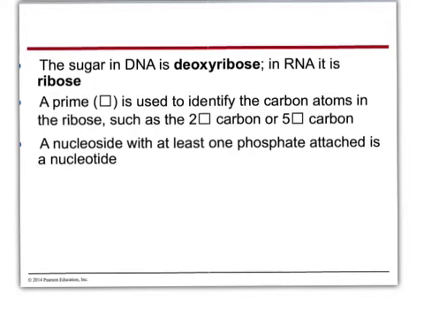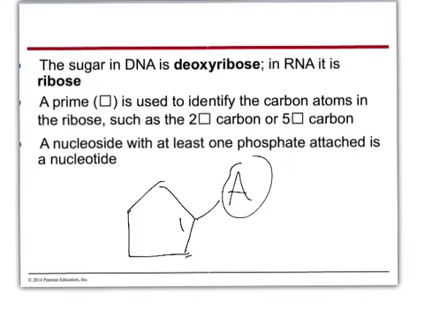Okay, here's your pentose sugar. The one carbon is the one that's attached to the base. Number 2 is the one that's going to be either H or OH, depending upon if it's deoxyribose or ribose. The 3 carbon, a 3 prime, in nucleotides has an OH.